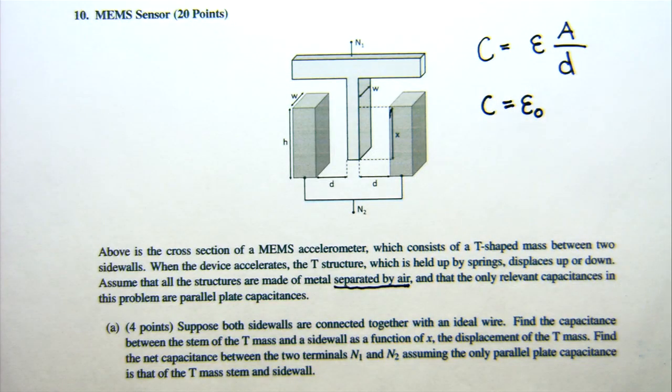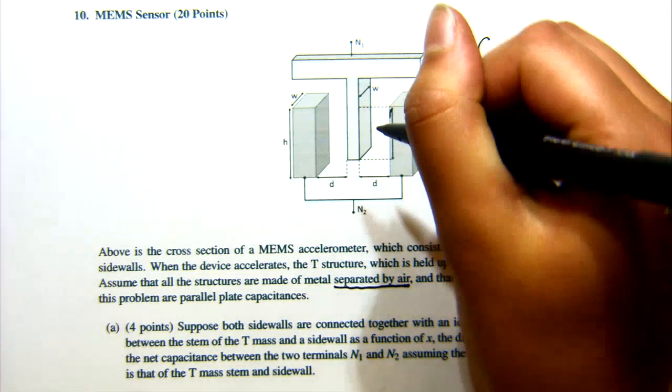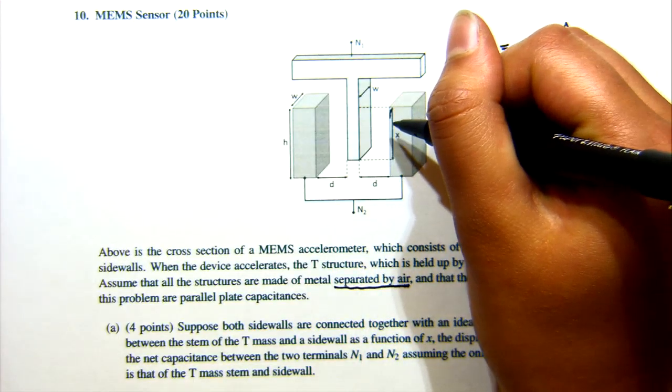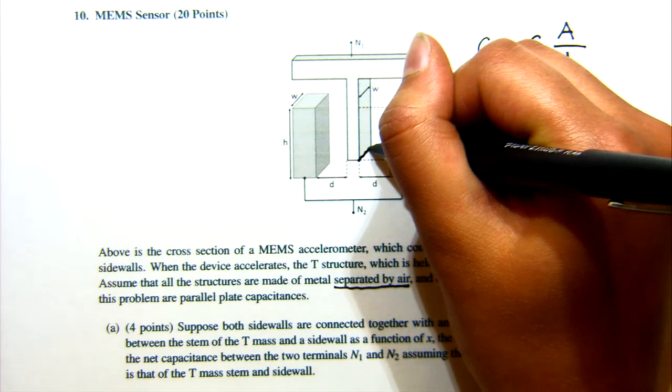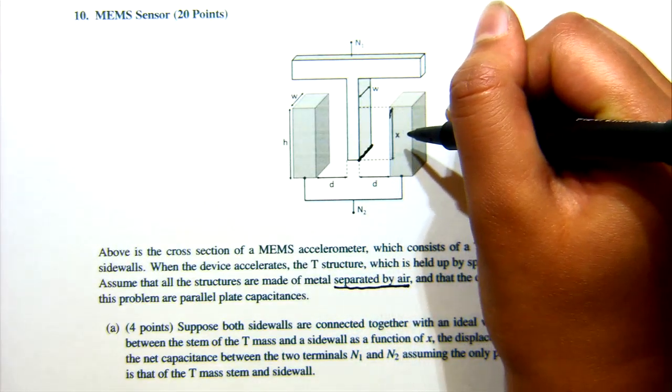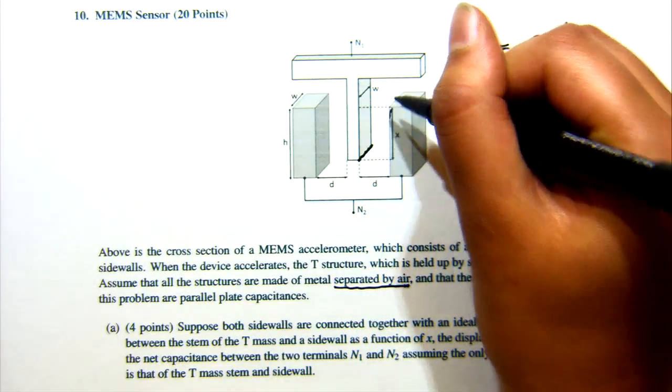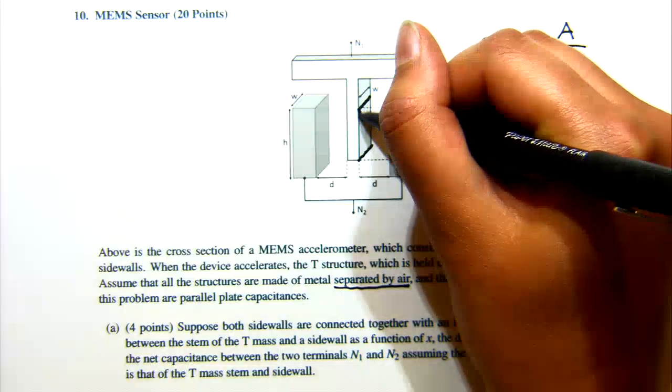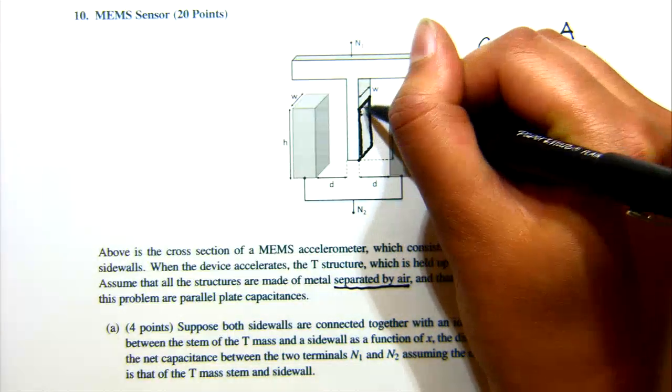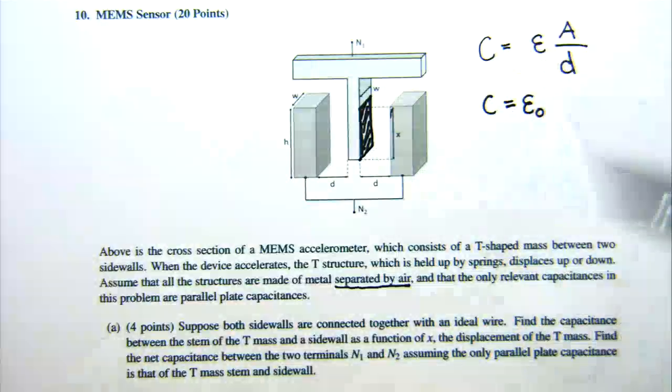Then for the area of the plate, we only want the part where they actually overlap. We have this X amount from here to here that attaches, and then up here we have some amount, which is what I've shaded in. That's the parallel plate, with the space in between.